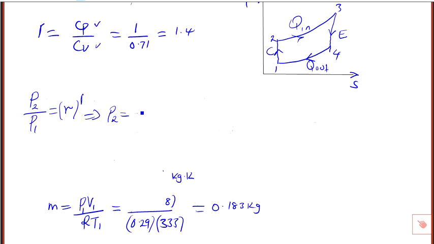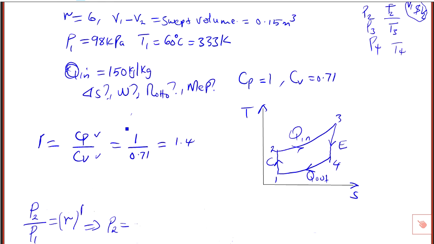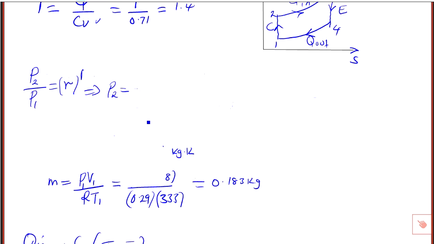The value of P1 you are given as, where is it on the question? 98. So you are multiplying 98 times 6 to the power 1.4, and if you simplify that one, it will give you a value of 1204.03 kilopascals. That is P2.